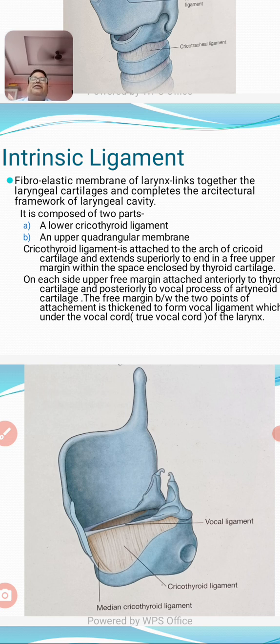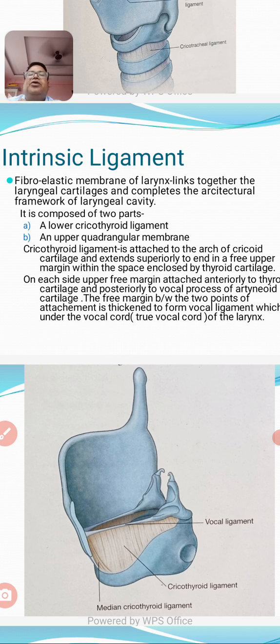On each side, the free margin is attached anteriorly to the thyroid cartilage and posteriorly to the vocal process of the arytenoid cartilage. The free margin between the two points of attachment is thickened to form the vocal ligament, which lies under the vocal cord of the larynx.